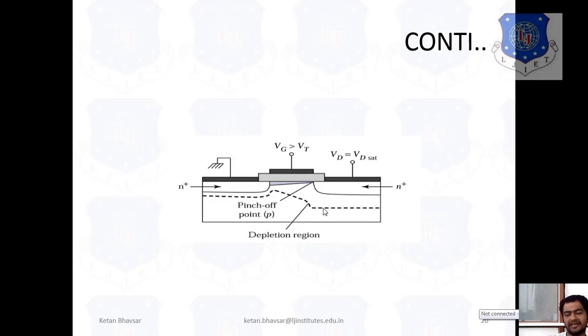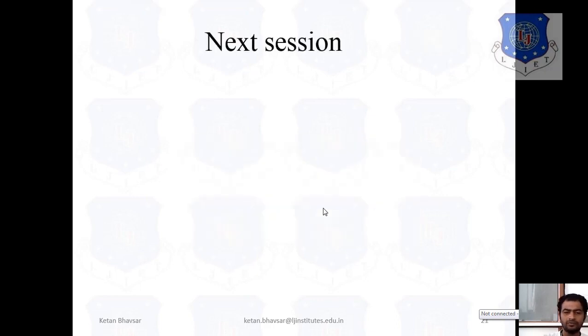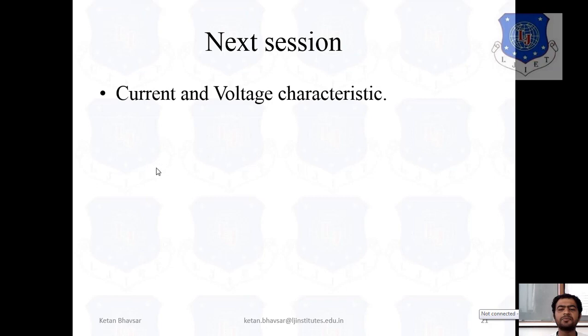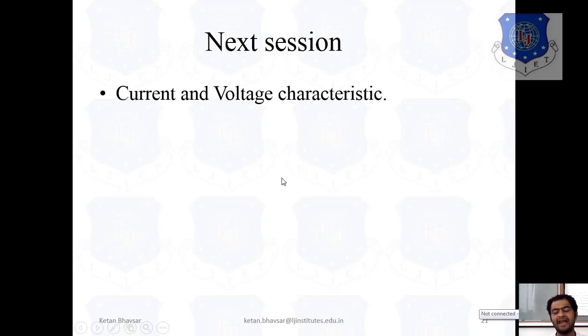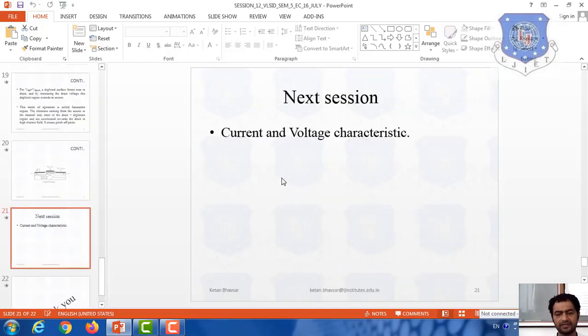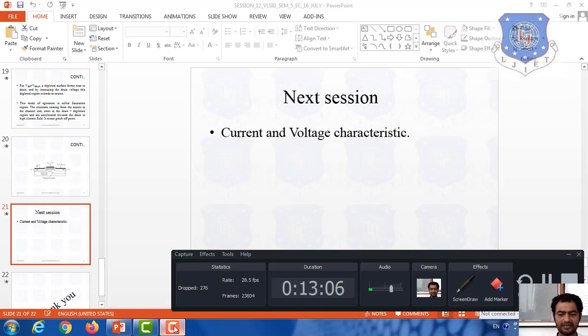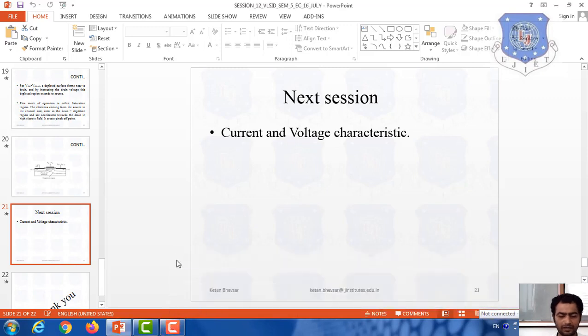Next we will study the current and voltage characteristics, but these are the basic operation of the MOSFET, what exactly the effect is produced in terms of the voltage side. So in the next session we will also discuss the current and voltage characteristics, how they actually work and how they affect things in terms of hardware and software.